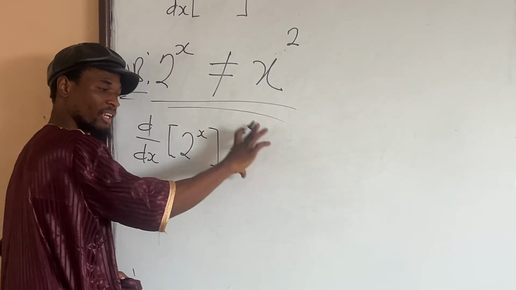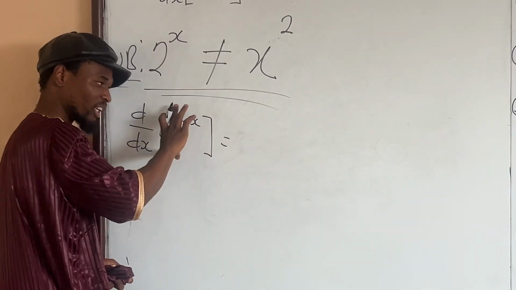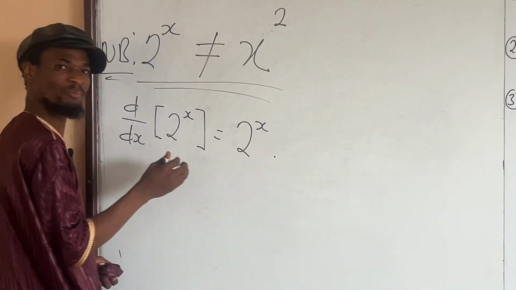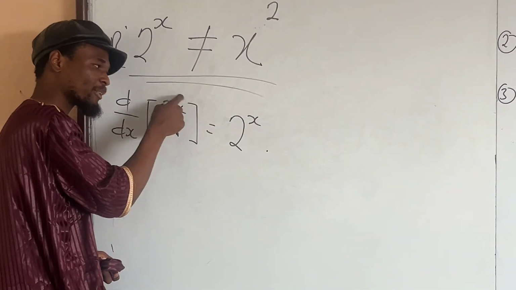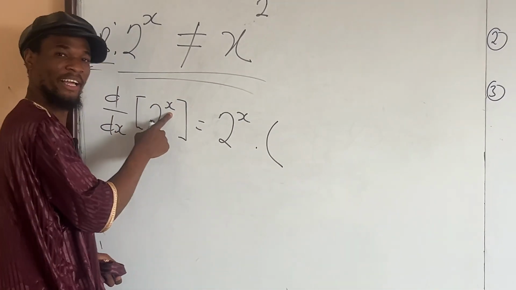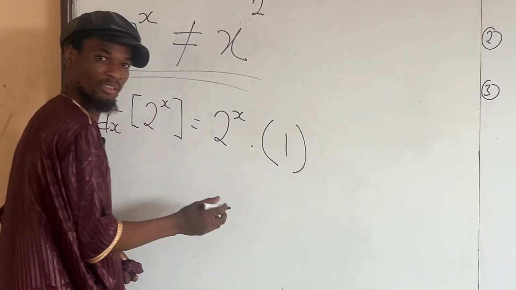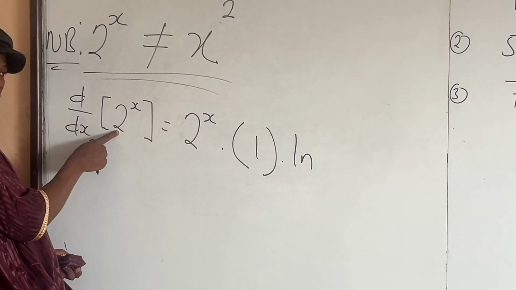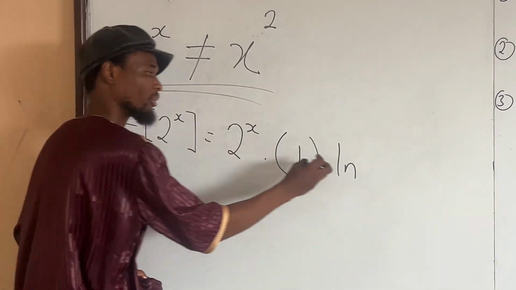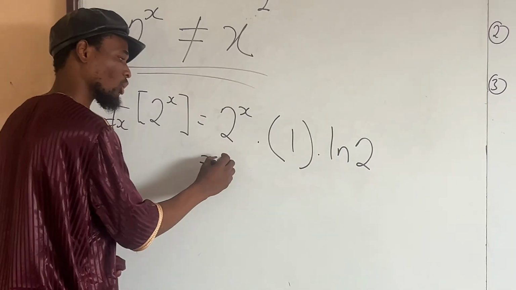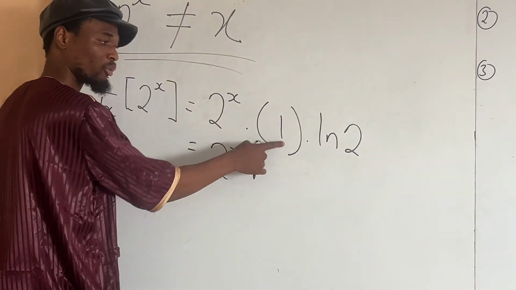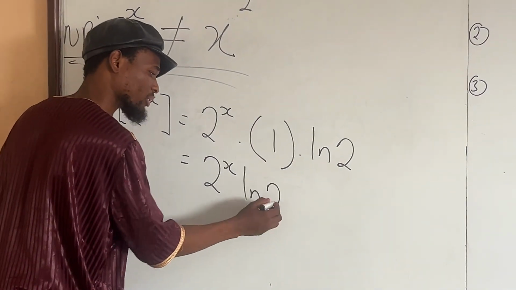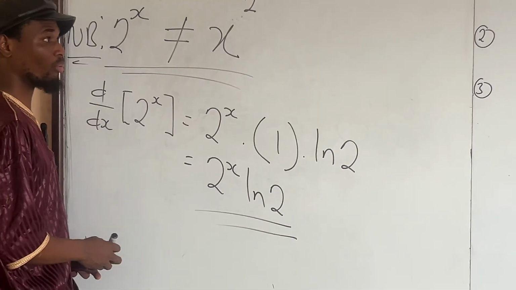I said you will rewrite this, you just copy and paste it over here. I have 2 to the power x, then times the derivative of the exponent. If I differentiate x, I'll have 1. Then times log of a, this is my a, which is 2. In other words, this becomes 2 to the power x times 1, which is just 2 to the power x, then times natural log of 2. As simple as that.